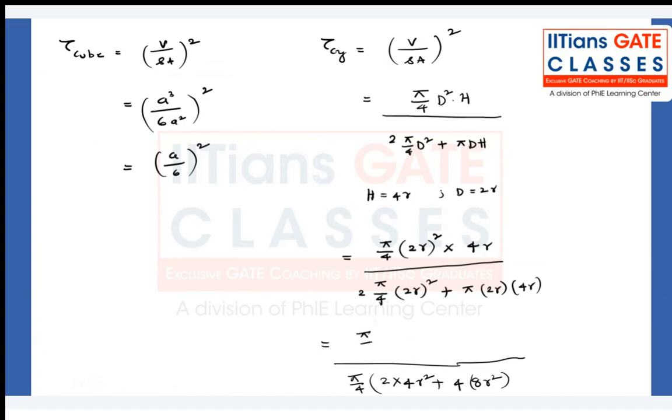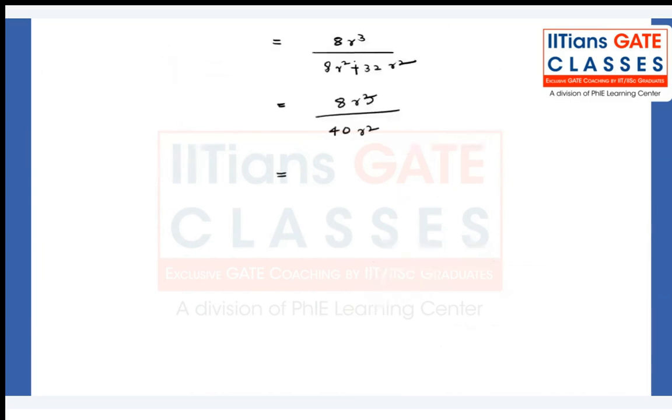Right. So π/4 I'll take out, such that (2r) square, what happened? (2r) whole square, so 4r square into 4r. Now it is going to be 16r cube.